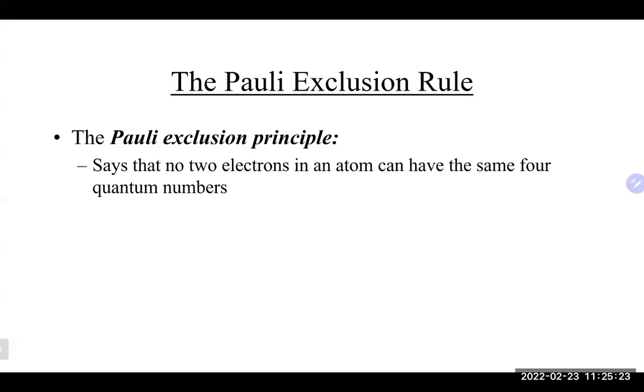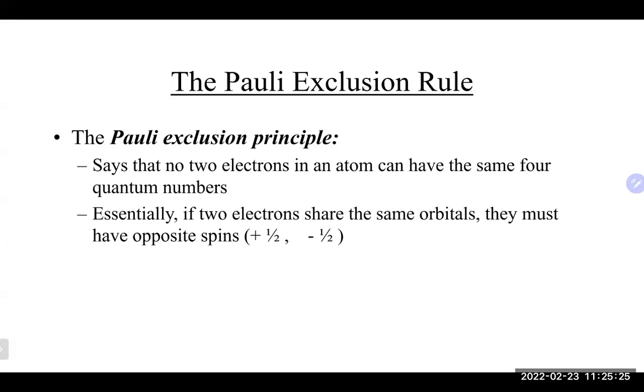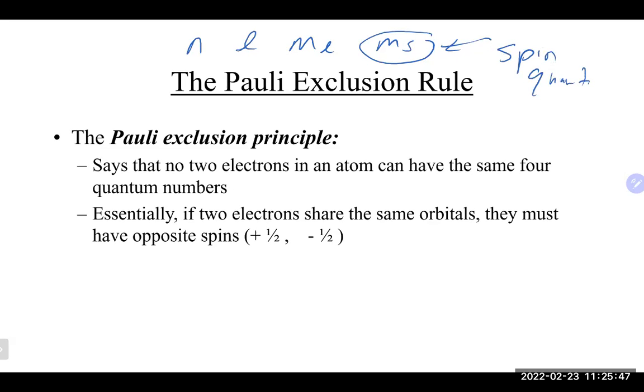One rule is what is referred to as the Pauli exclusion rule, and the Pauli exclusion rule basically says that no 2 electrons within the same orbital can have the same 4 quantum numbers. Although we don't really talk about all 4 quantum numbers here, the 4 quantum numbers are n, l, m sub l, and m sub s. m sub s is what is referred to as the spin quantum number, and it basically has 2 values. It has a value of +1/2 when the electron goes upward, and it has a value of -1/2 when the electron is pointing in the downward fashion.